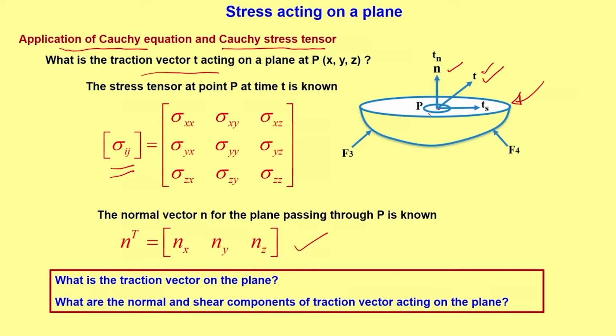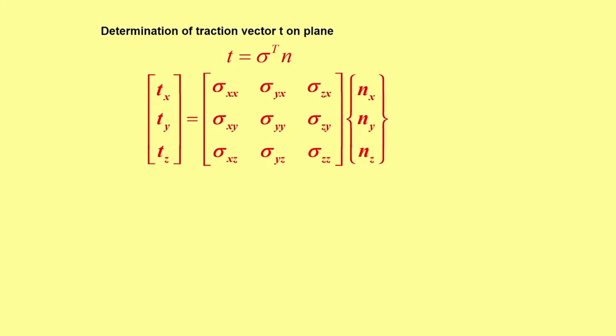These are the two questions we have to discuss today, and for that the minimal information needed is explained. We will refer back to Cauchy's equation, where the traction vector T on a plane is given by T is equal to sigma transpose into n.